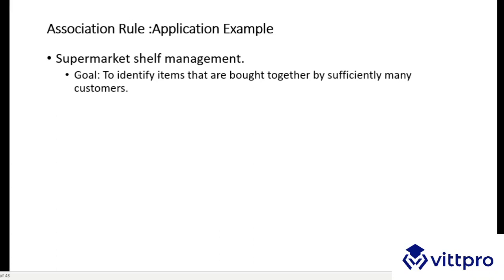Then you have association rules. Association rules are basically you are trying to understand how things are related to each other, right? So that's the idea. A very classic example of the association rule is supermarket shelf management. Your goal is to identify the items that are bought together by sufficiently many customers.